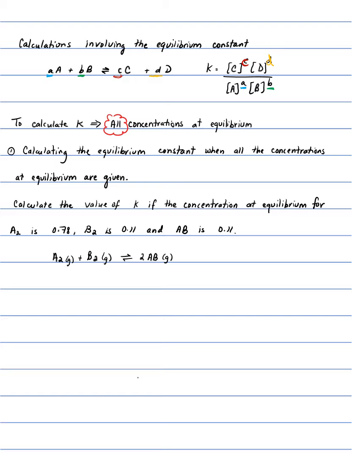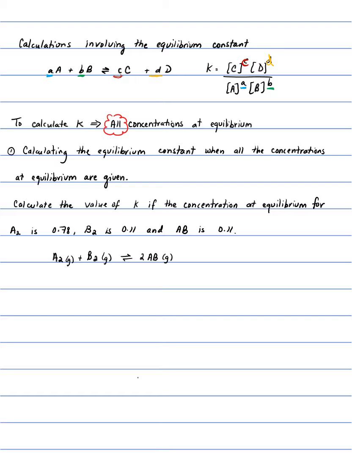When we're trying to calculate anything involving the equilibrium constant, all of the concentrations that we're adding in that equilibrium constant expression have to be concentrations at equilibrium. So we have different types of calculations, specifically four of them, and I'm starting from the easiest one going all the way to more complicated calculations involving equilibrium.